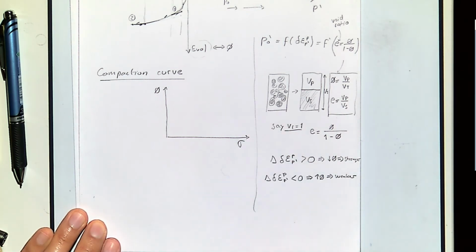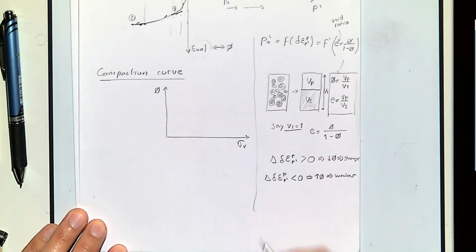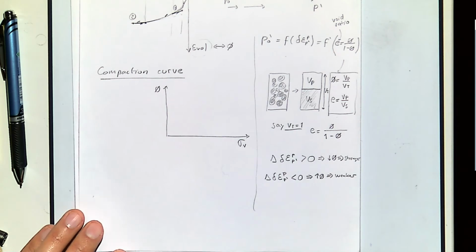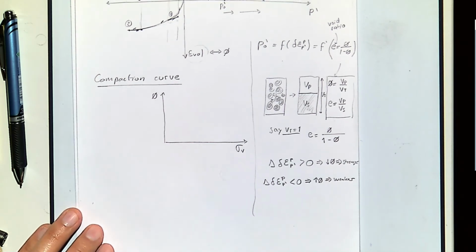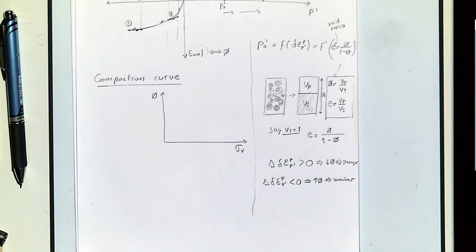And for this particular case, let's say that we're talking about vertical stress, because that's the most typical example that you do in the laboratory, and that is also applicable to the field. As you increase the vertical stress, compaction or porosity is going to decrease, right?